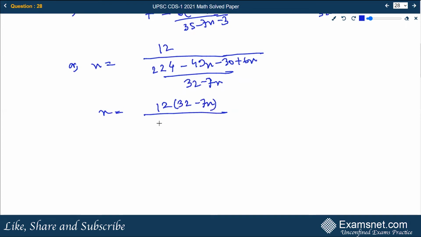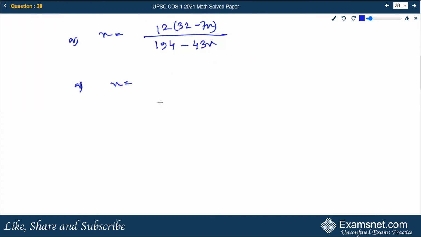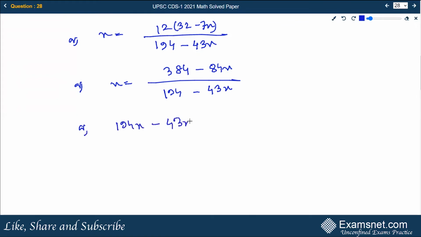So here 194 minus 43x. So x equals 384 minus 84x over 194 minus 43x. So 194x minus 43x square equals 384 minus 84x.